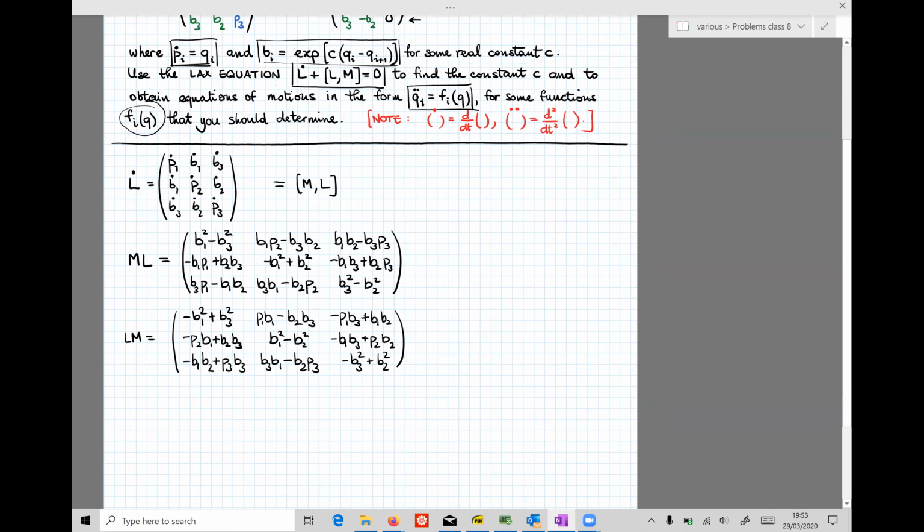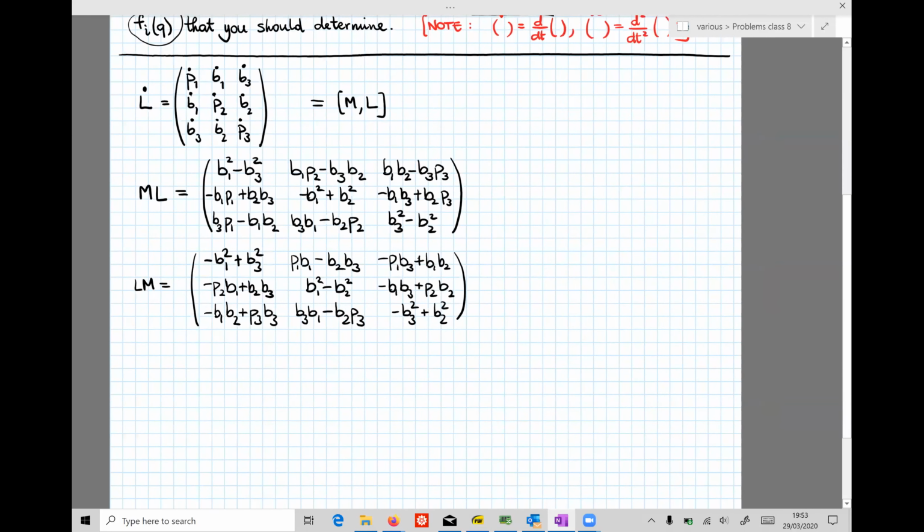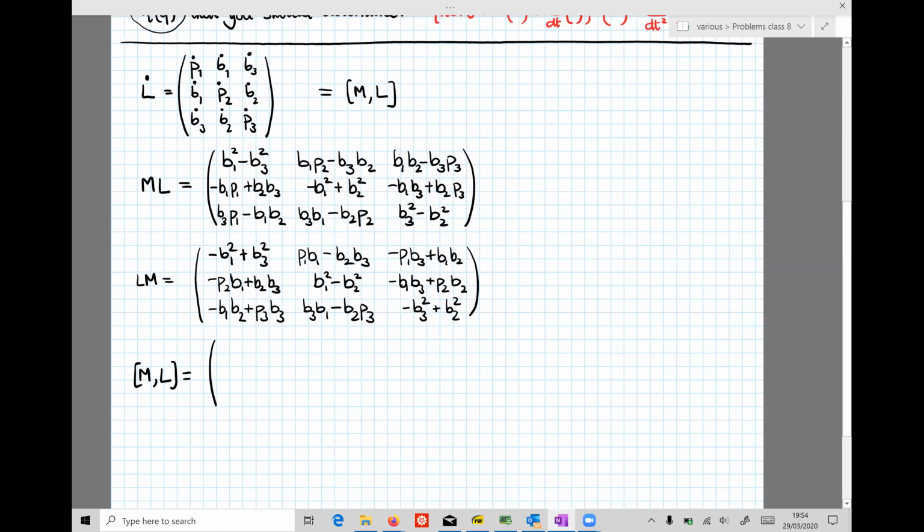So let's compute the commutator of M and L. That's just the difference of these two matrices. This should come out as a symmetric matrix because it's supposed to be equal to L dot and L is symmetric, so that will be a consistency check. For entry 1,1, I get B1 squared minus B3 squared plus the same, so 2 times B1 squared minus B3 squared.